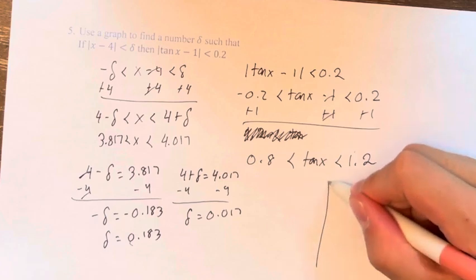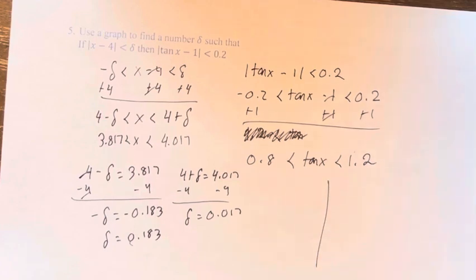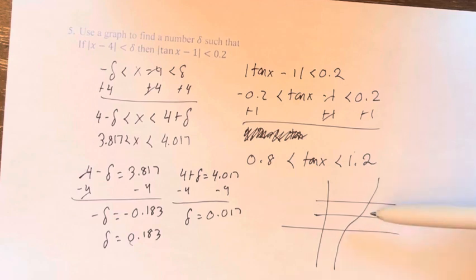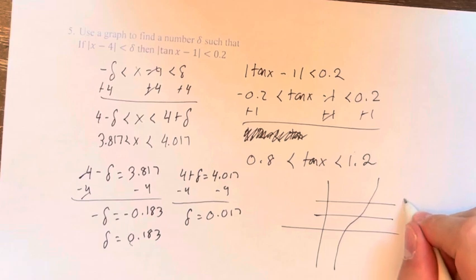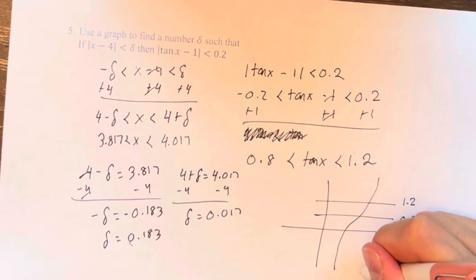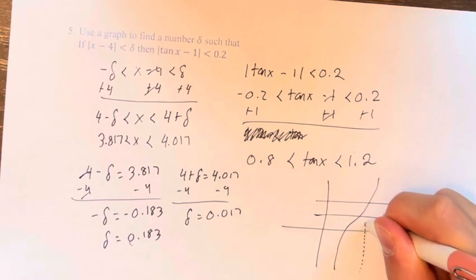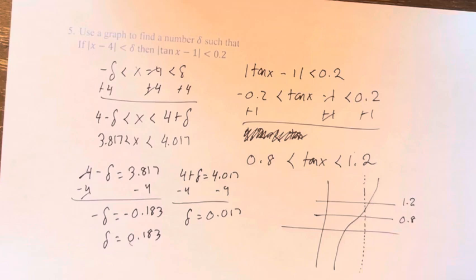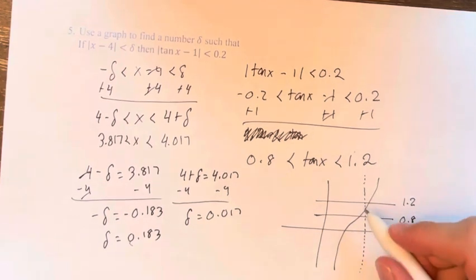Drawing for a second what the graph basically looked like, we have points here, and here, and here, where we needed to stay within 1.2 and 0.8. And here we had x equal to 4, right?